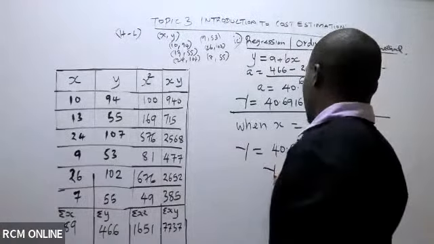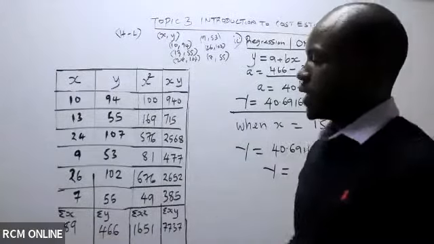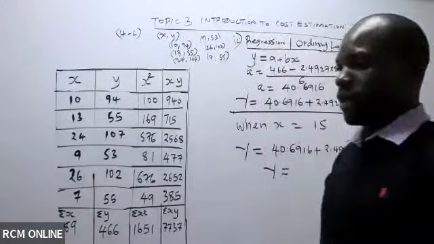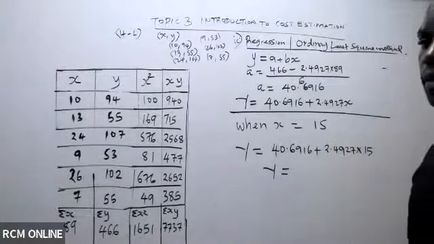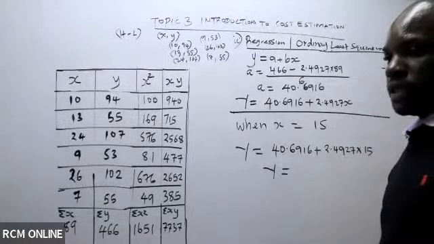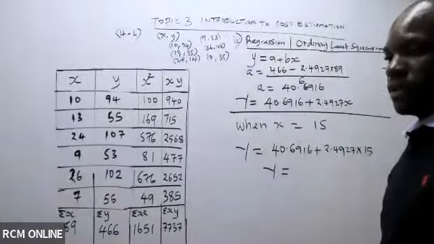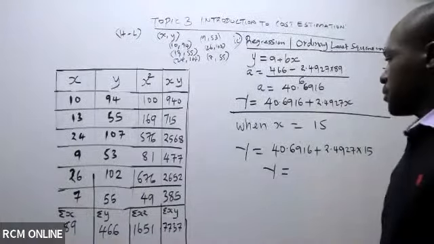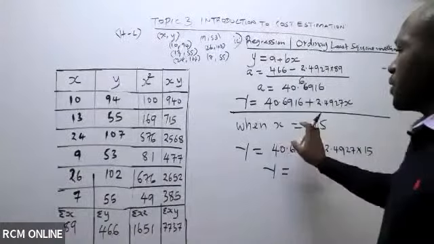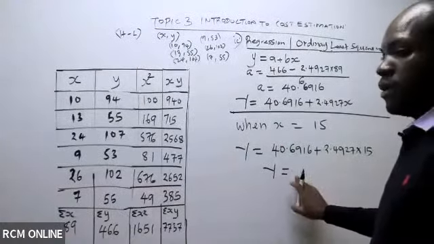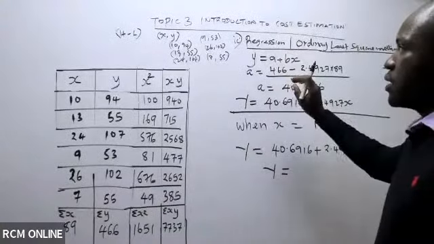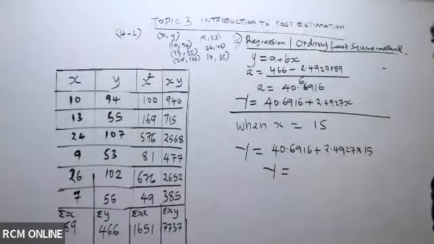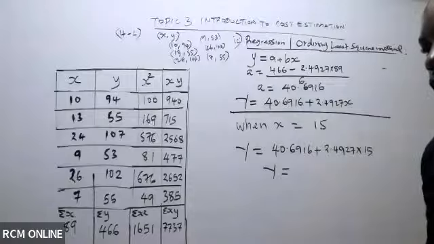So what is the value of Y? That is maybe week 7. Something is happening in week 7. What are you getting? When X is equal to 15, what will be the value of Y? We are trying to compare what we got using the ILO method and what you are getting using regression. 78.0821.